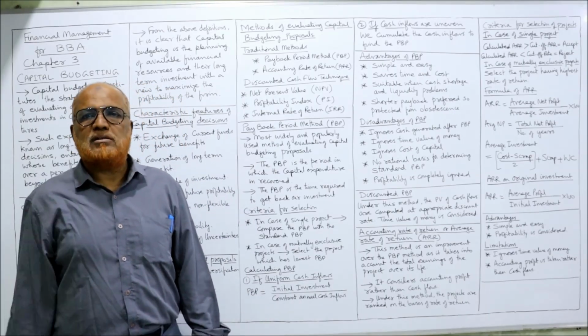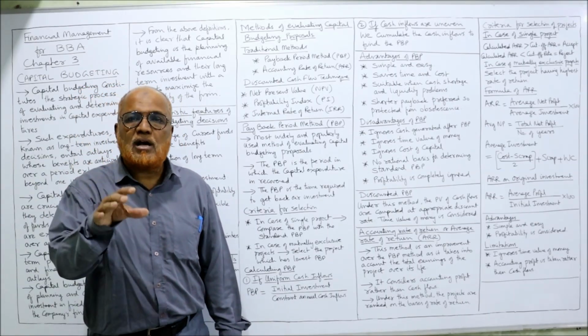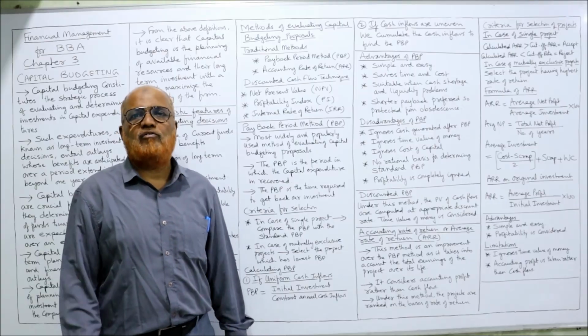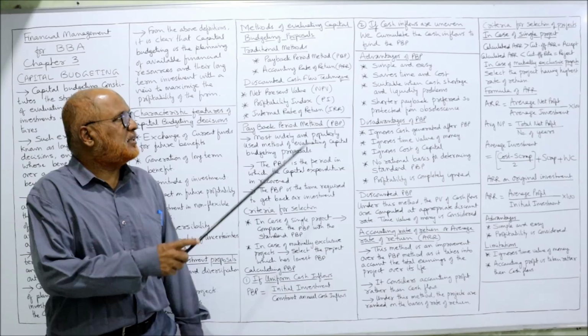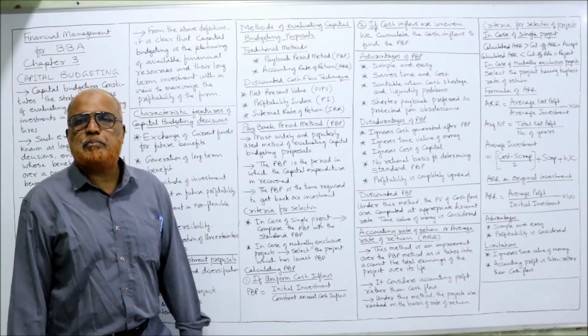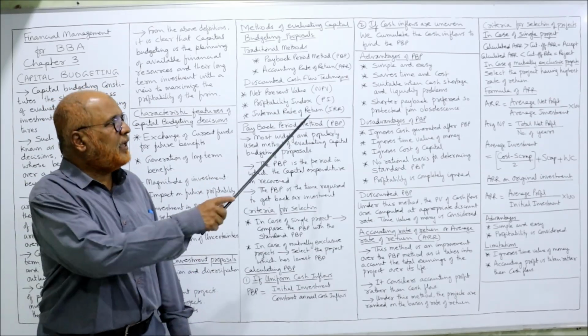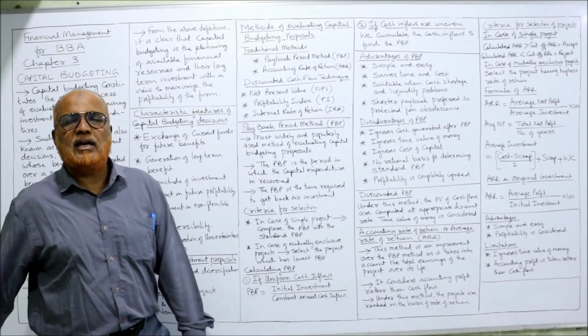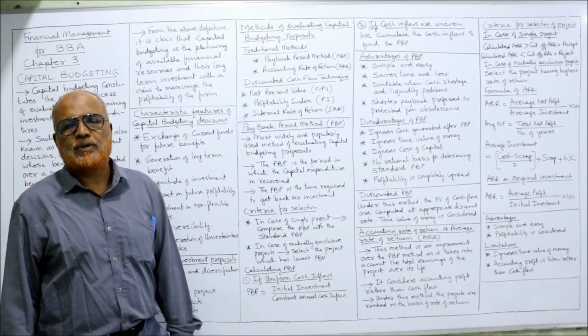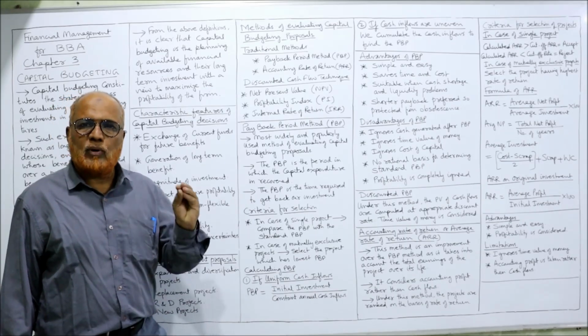Now modern methods. The modern methods are the discounted methods where time value of money is considered. So which are the discounted methods? NPV, net present value, PI, profitability index, and IRR, internal rate of return. So totally 5 methods I am going to explain.